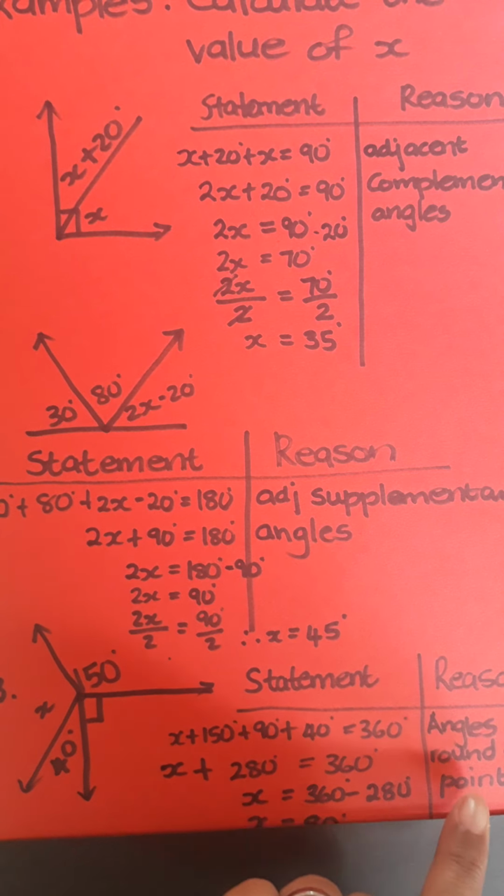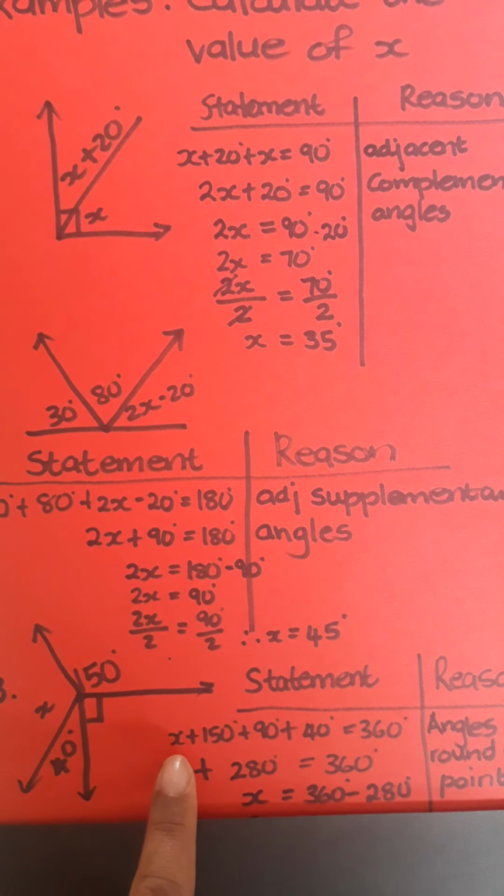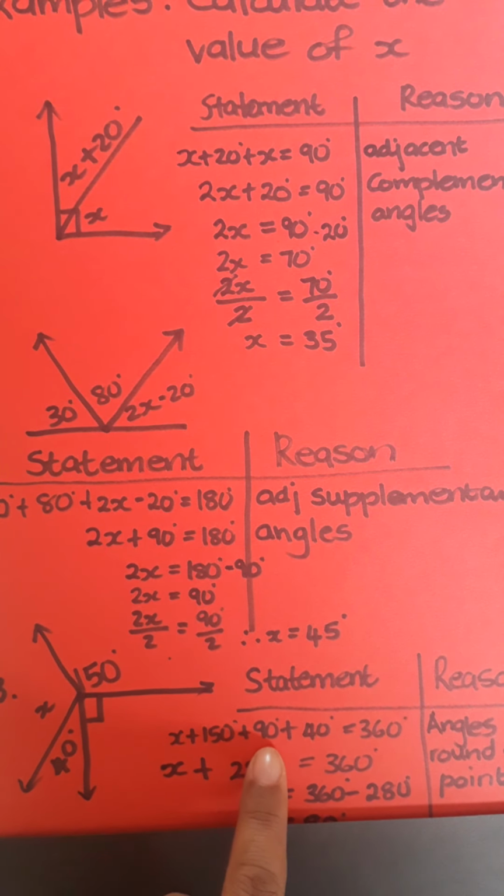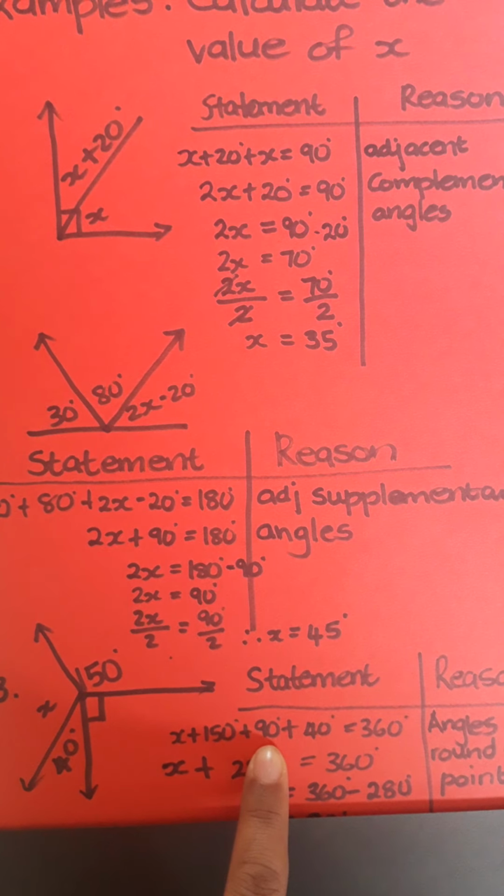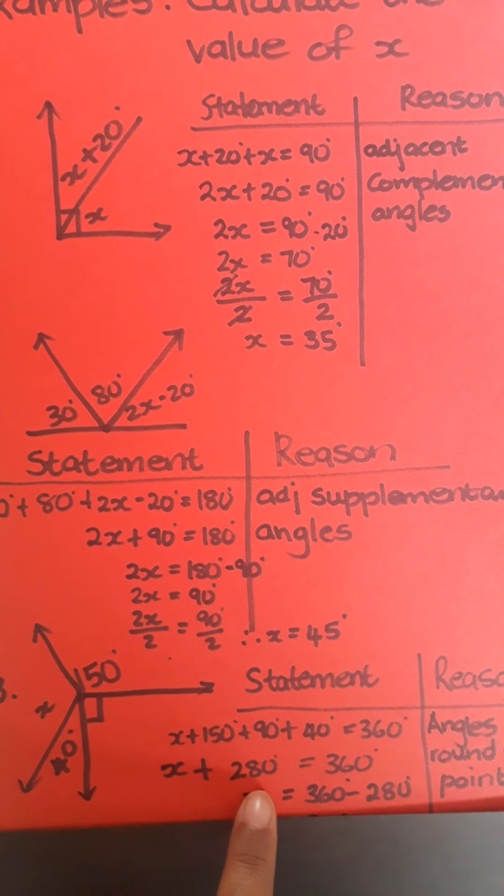Our reason: angles around a point. X, my next step, plus 150 plus 90 is 240 degrees. Plus 40 gives me 280 degrees, which is equal to 360 degrees.